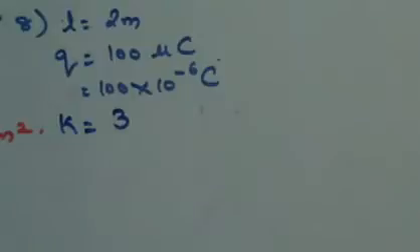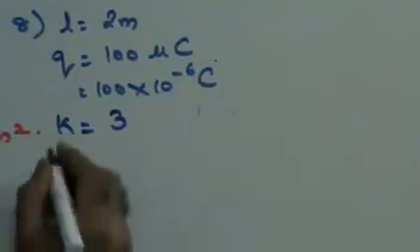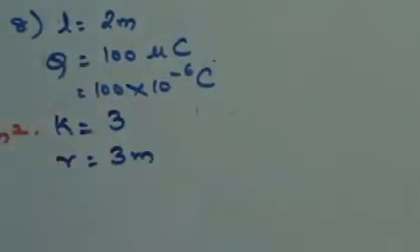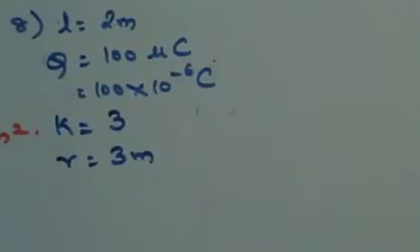Find the electric intensity at a distance of 3 meters from the axis of the cylinder.